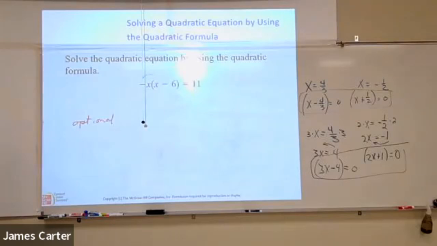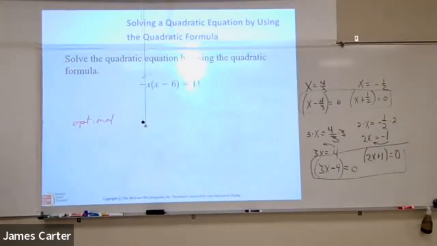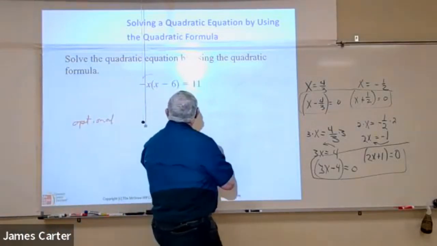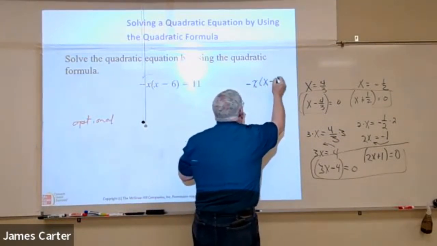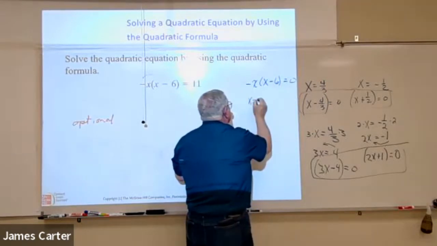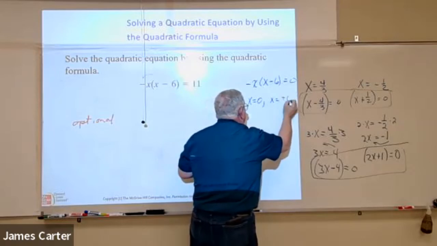Now, what about this thing? This one would be easy if I didn't have that 11 out there. If I didn't have that 11 out there, if I had a 0 instead, then my answer is x equals 0, x equals +6.